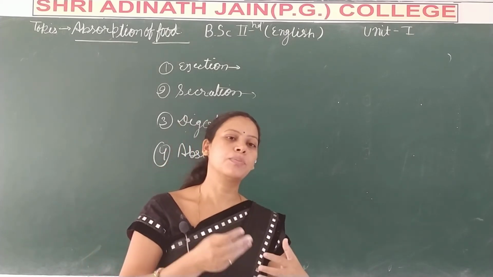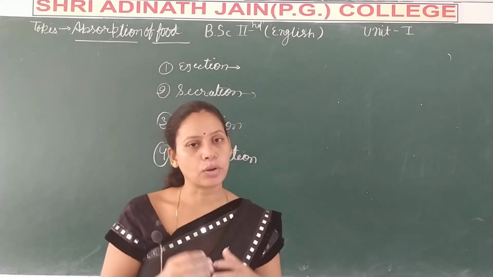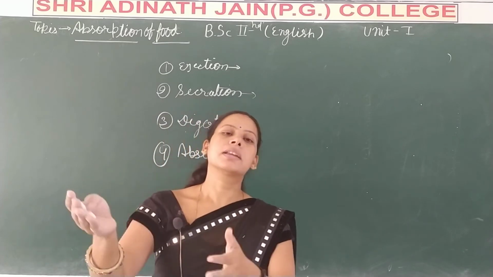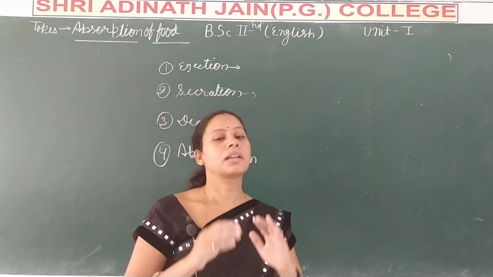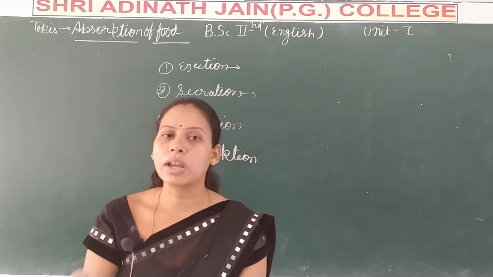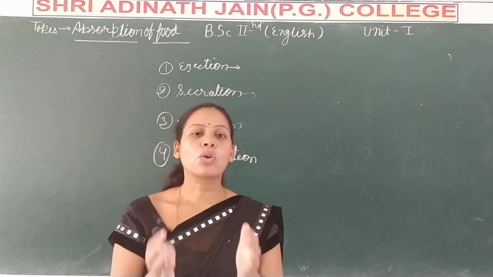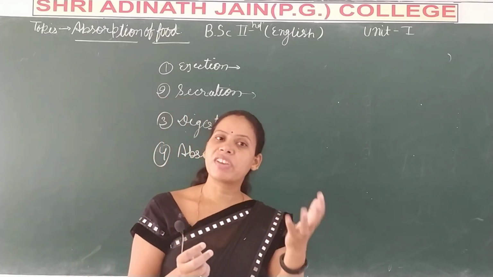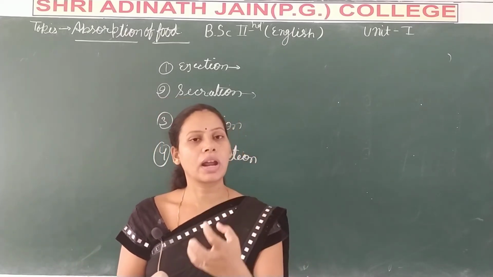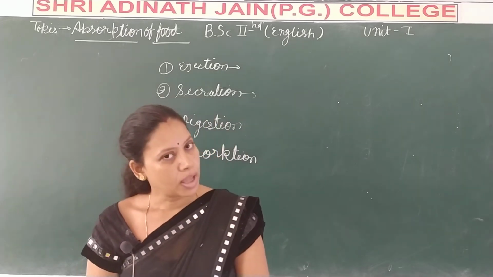So the waste, meaning the undigested part of the food, enters the large intestine, and from the large intestine this food is stored in the rectum area. This undigested food is known as waste product, stored in the rectum area.